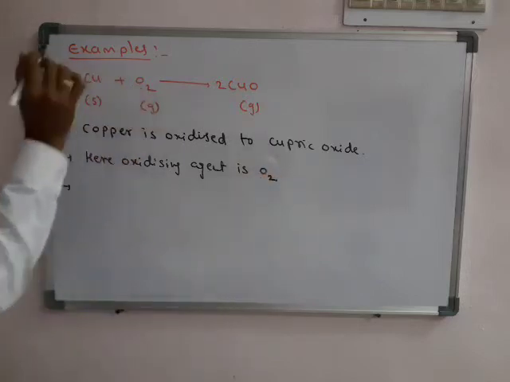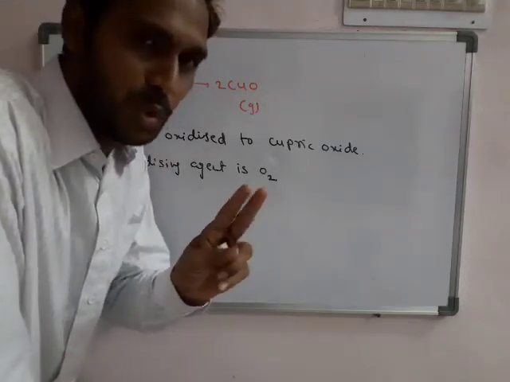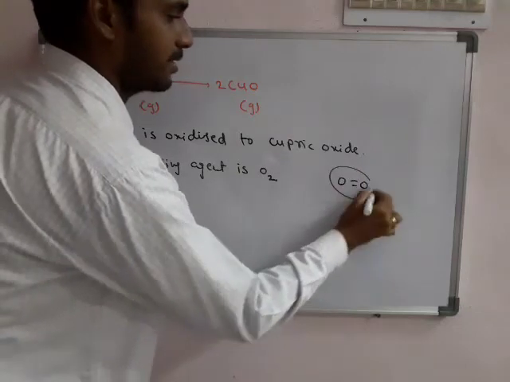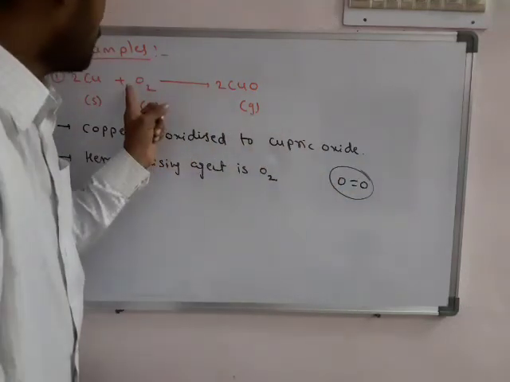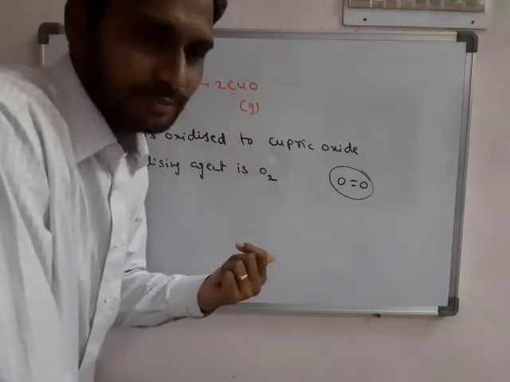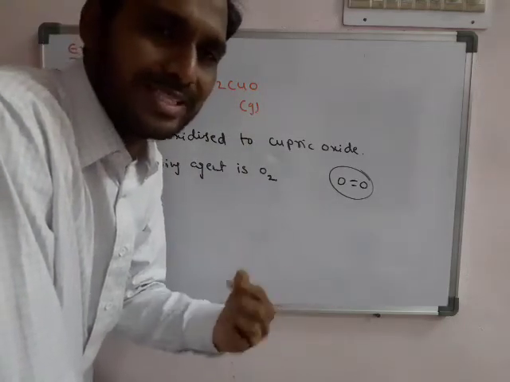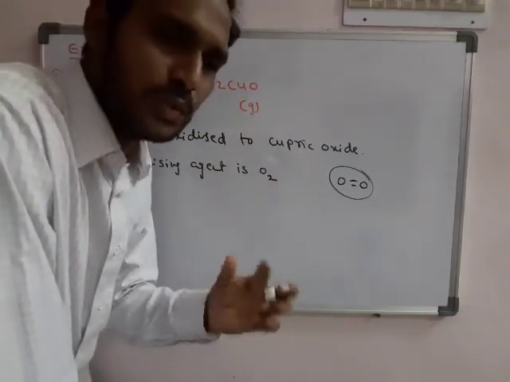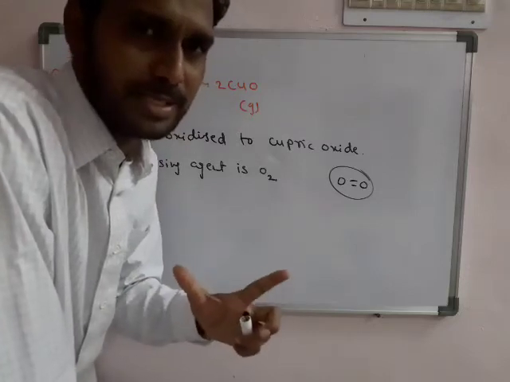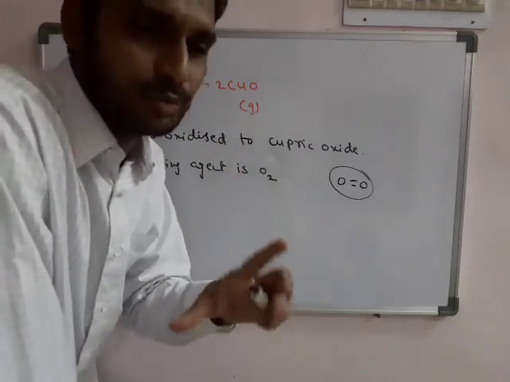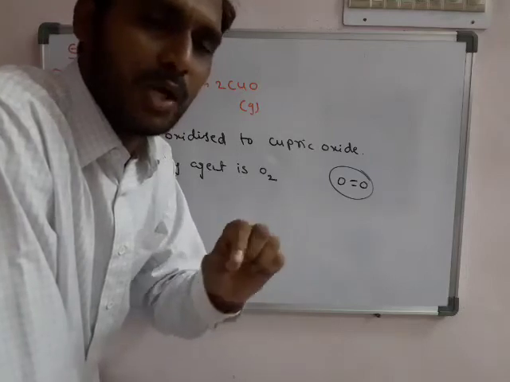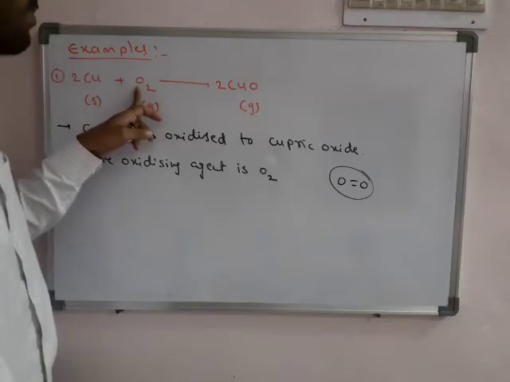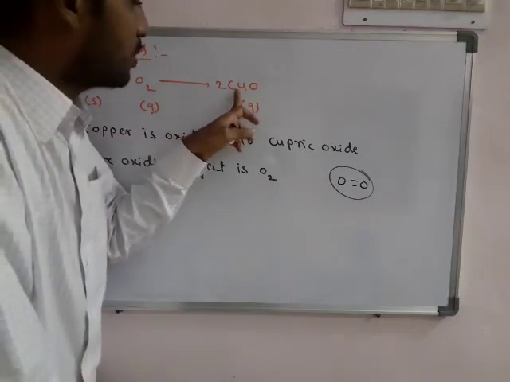Next, here one oxygen molecule O2 has 2 oxygens, O bond O. So O2 becomes just a single oxygen in each CuO. We count 2 oxygens for balancing, because according to the law of conservation of mass we must balance. But if you compare in a compound, O2 has 2 oxygens combined, yet CuO has only one oxygen.